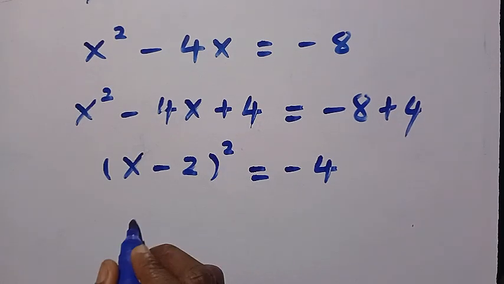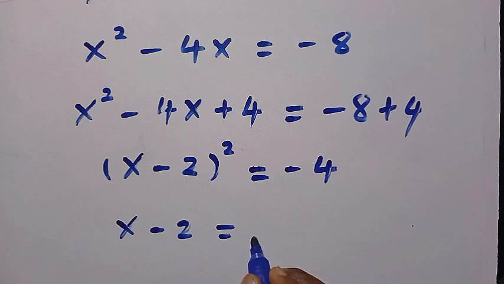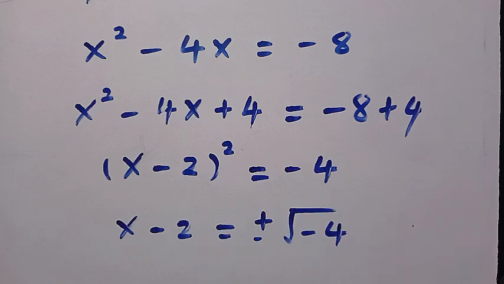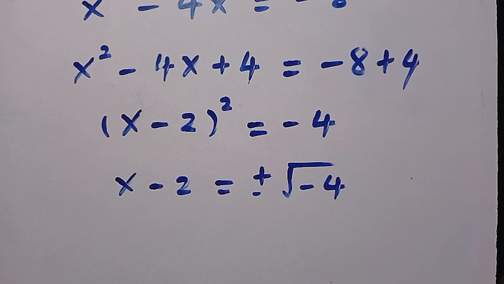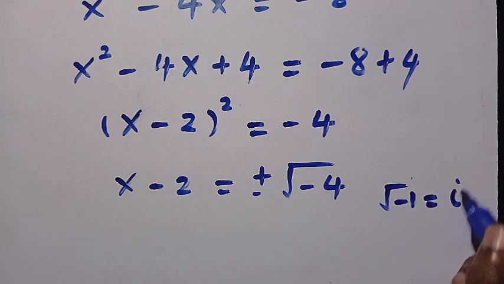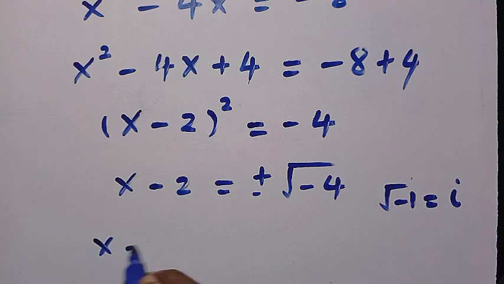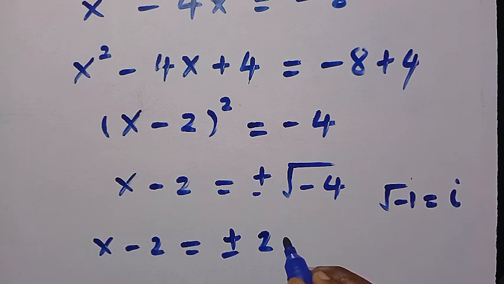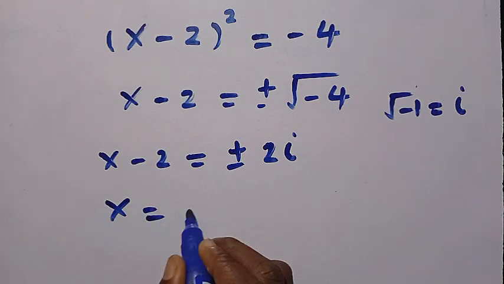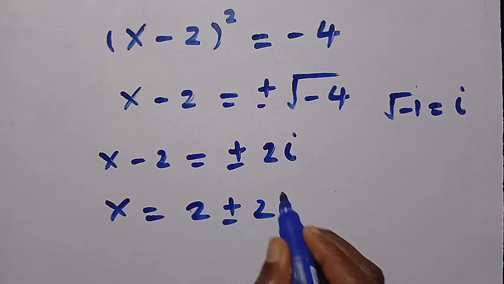We have x minus 2 equals plus or minus the square root of minus 4, and the square root of minus 4 is 2i, where the square root of minus 1 equals i. So x minus 2 equals plus or minus 2i, then x equals 2 plus or minus 2i.